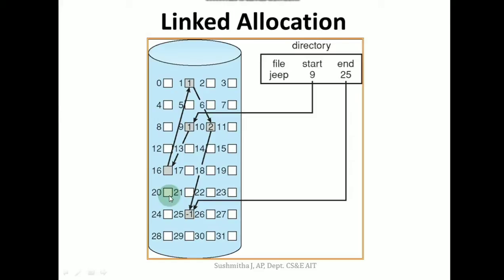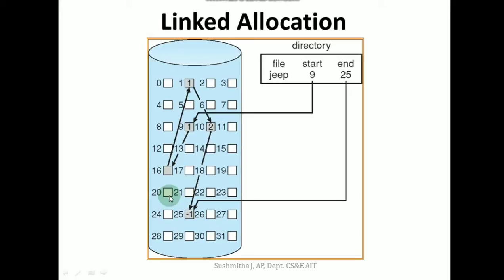The advantages: it is very flexible in terms of the file size. The file size can be easily incremented. This was not the case with contiguous allocation. If the file size is too large, it is very difficult to find a continuous allocation of that large space.